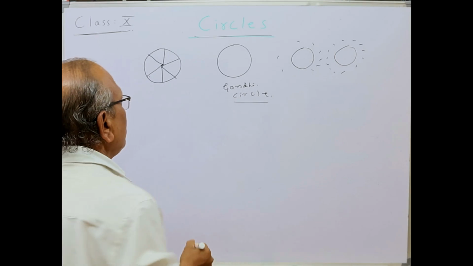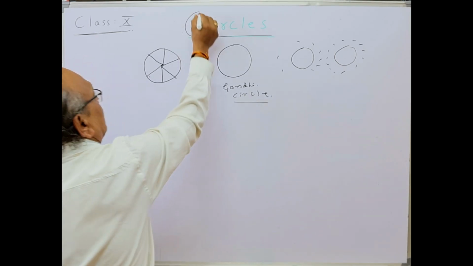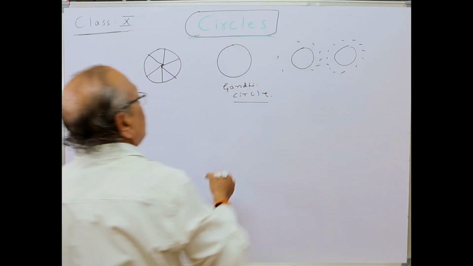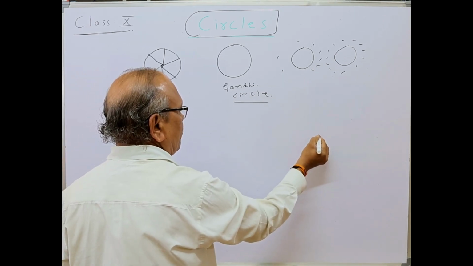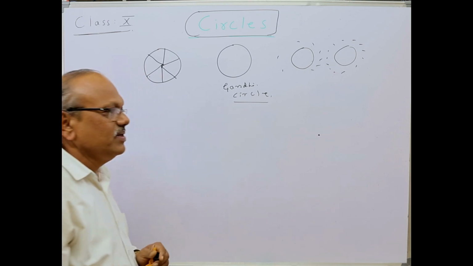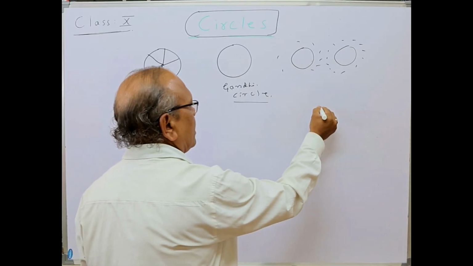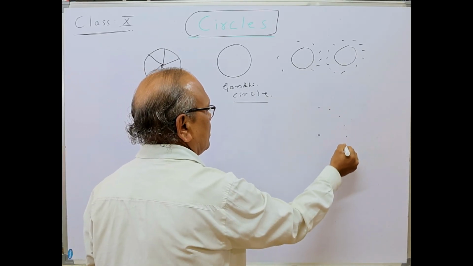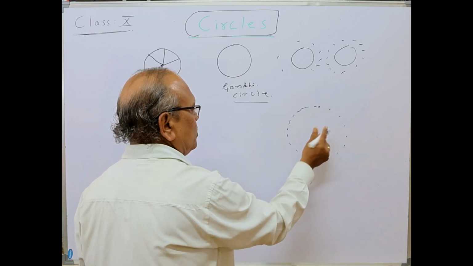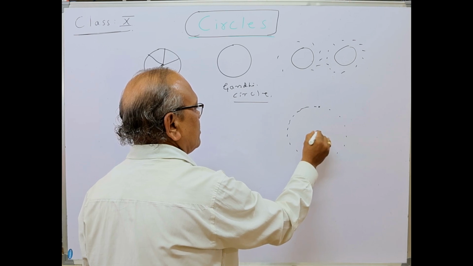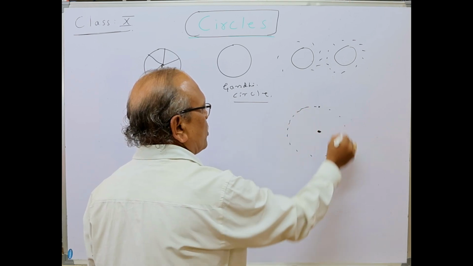Now, here we are going to understand what a circle is. Whenever you think of a circle, at the center there will be a fixed point. Surrounding this fixed point, there is a set of points which are equidistant from the center. Suppose this is a circle, all these points are equidistant.